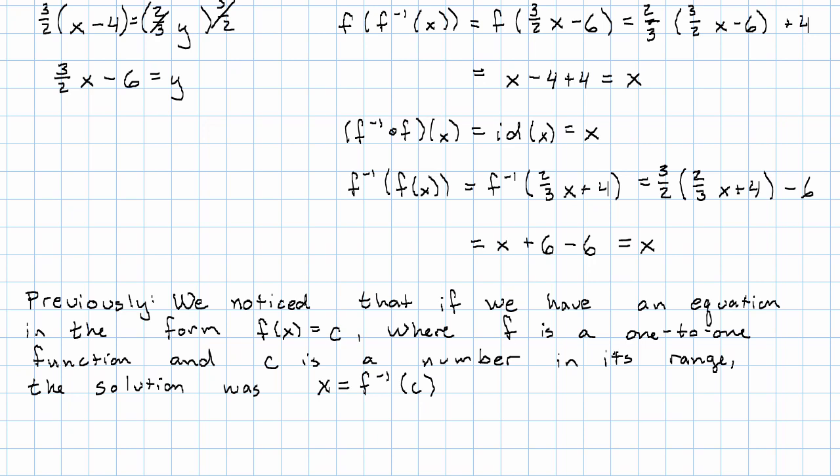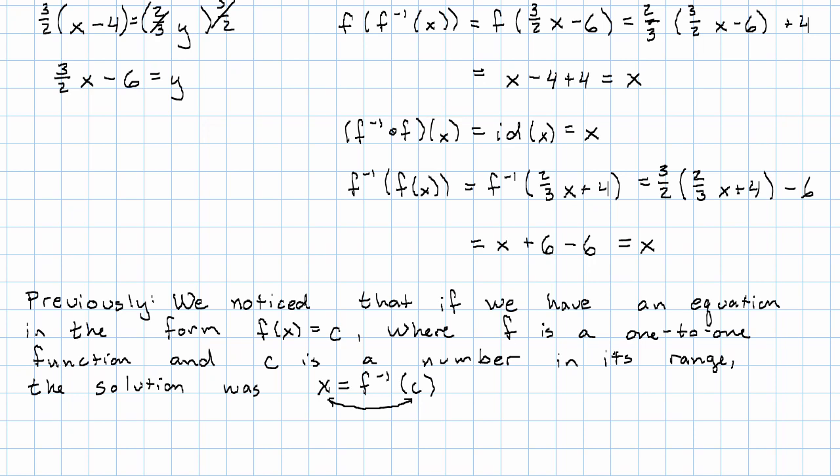So we did a number of exercises of that form, where you were given the inverse function and asked to use it to find solutions. At the time, we understood that as just interchanging the x and the y, just interchanging the argument and the result.